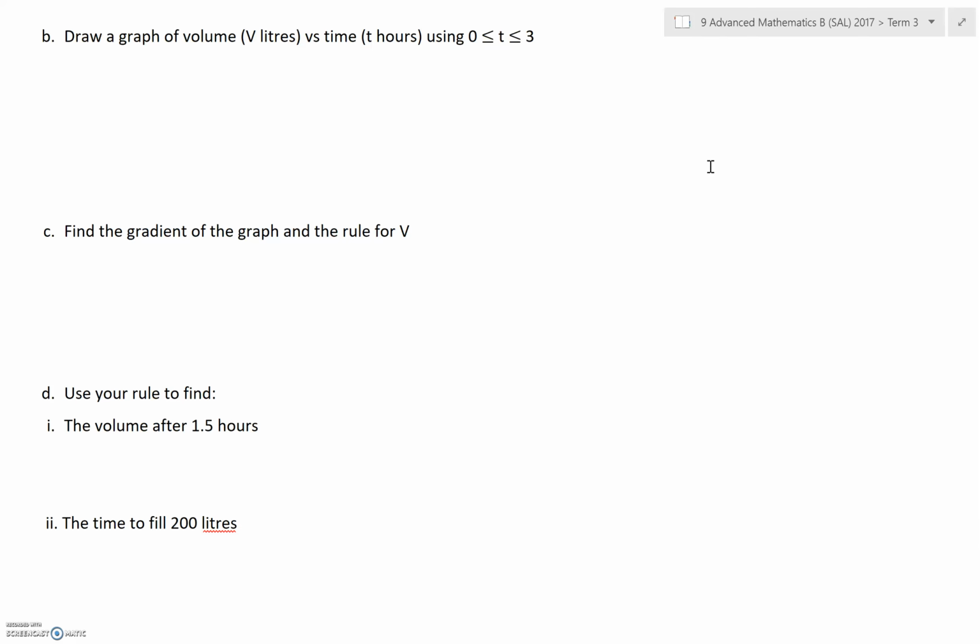We don't want any others. There's a couple of ways you could do that. One, draw a table like we did. Or, because we can fairly easily find the starting coordinate and the finishing coordinate, we can just use those to do it.